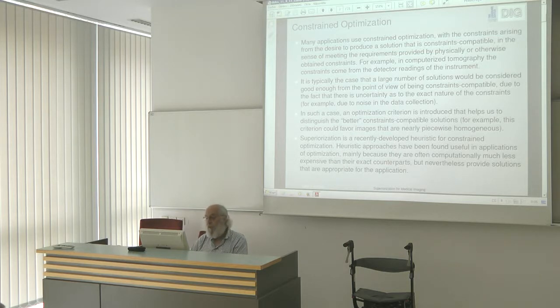The basic difference between a heuristic method and an exact method, which is usually what mathematical-minded optimization folks do, is that the exact methods converge in the limit to something that can be mathematically specified. We're not going to do that. You will see what we're doing.